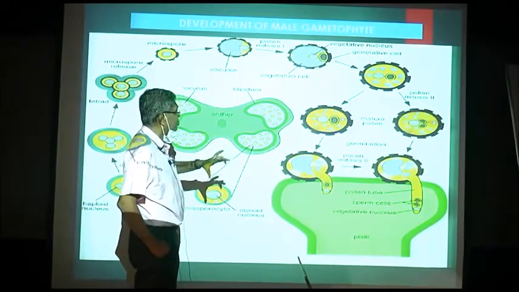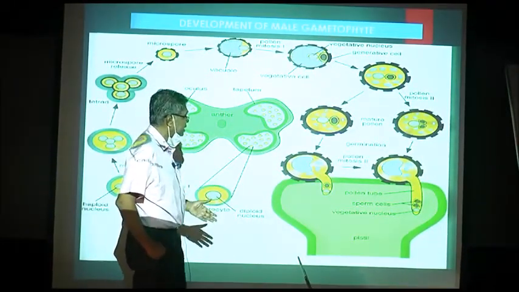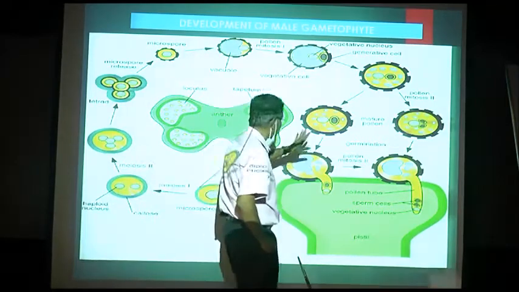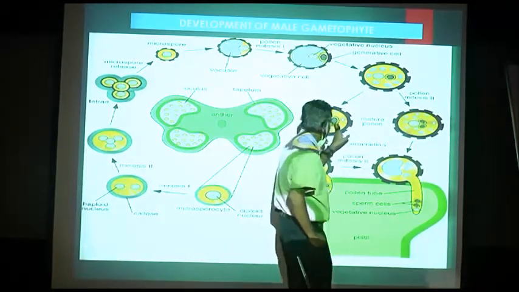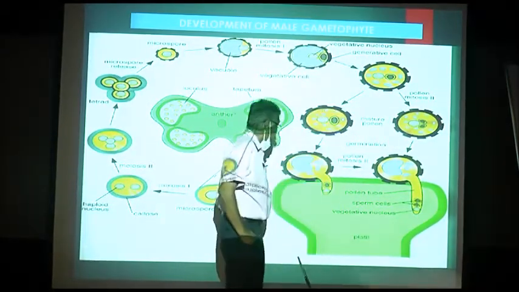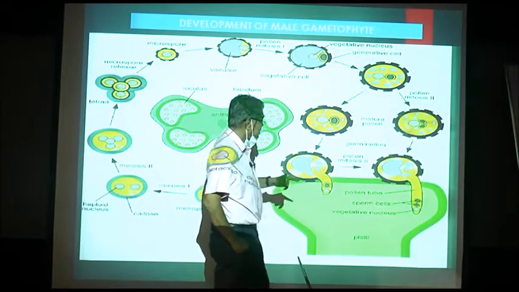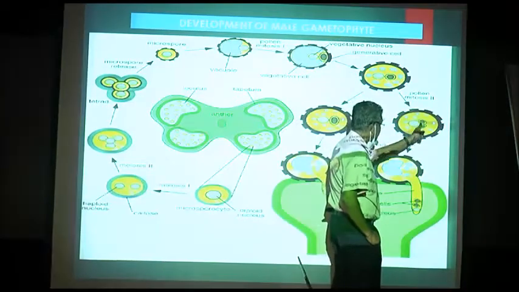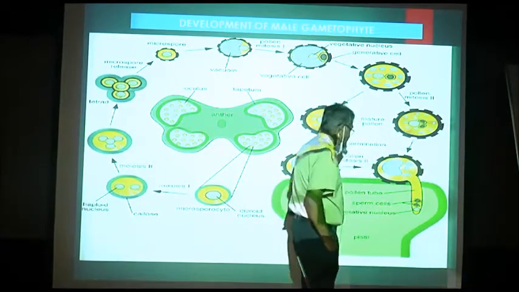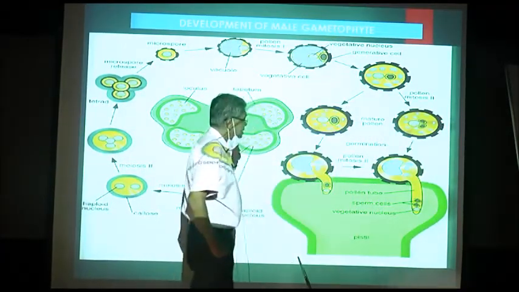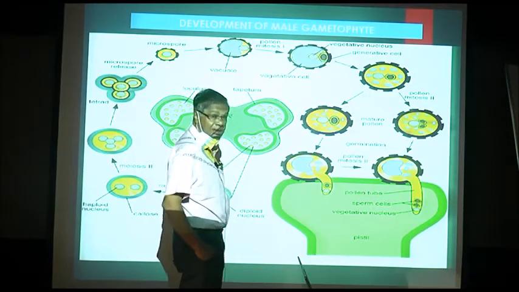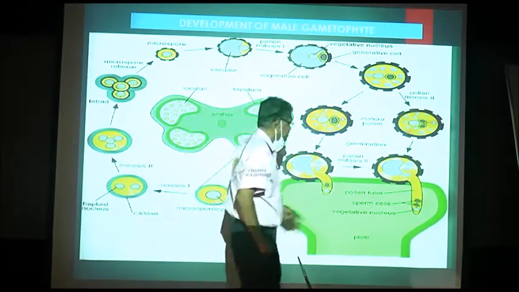It is not a full wall, so it can dissolve and the generative nucleus is liberated. This generative nucleus divides into two nuclei, and these two nuclei are called the male nuclei.